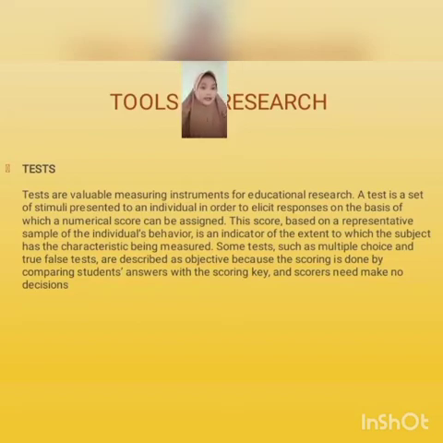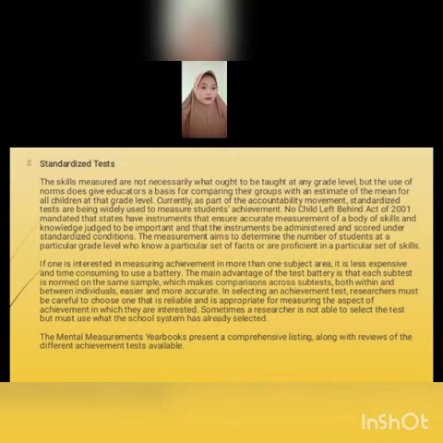Standardized tests. The skills measured are not necessarily what ought to be taught at any grade level, but the use of norms does give educators a basis for comparing their group with an estimate of the mean for all children at that grade level. Currently, as part of the accountability movement, standardized tests are being widely used to measure student achievement.